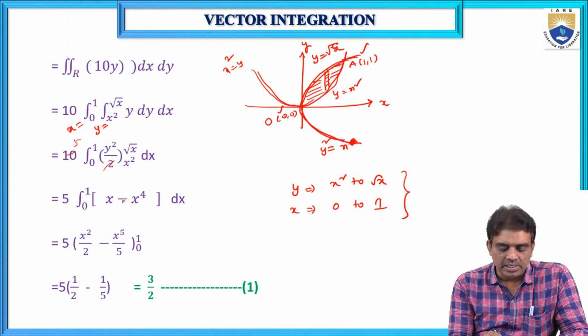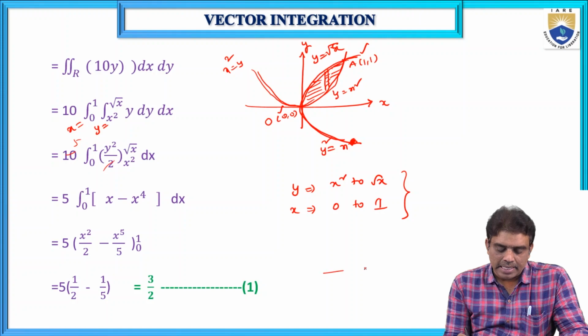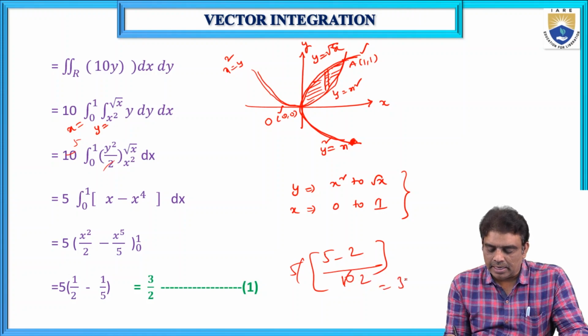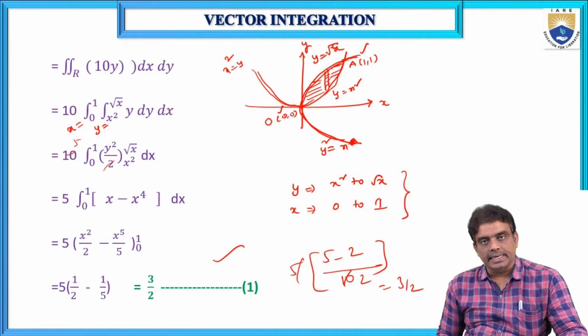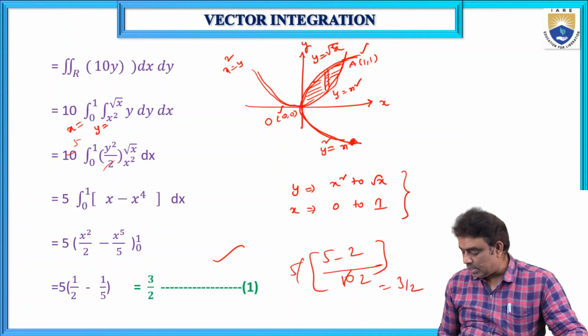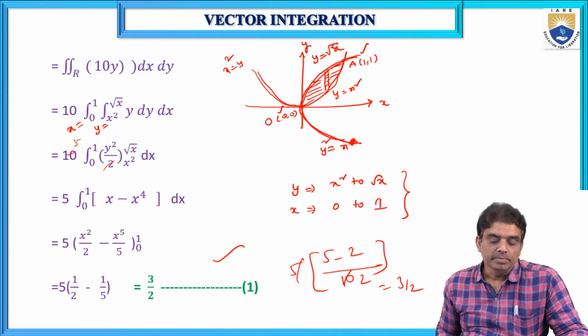So 5 into x square by 2 minus x power 5 by 5 between 0 and 1. Substituting the limits, 5 into 1 by 2 minus 1 by 5. So LCM 10, 5 into 2 fives minus 5 twos. So this is 3 by 2, the evaluation of the right hand side. That is the right hand side value, that is the double integral value.